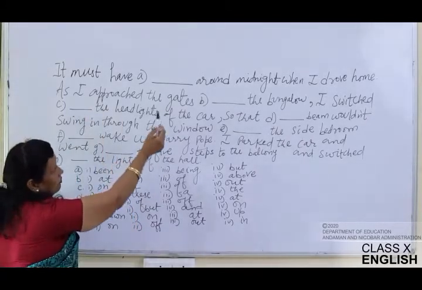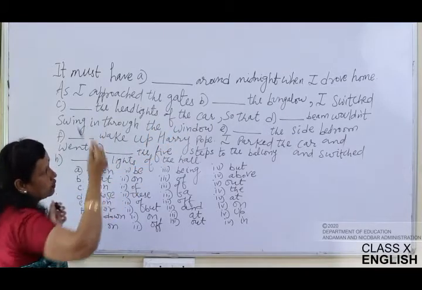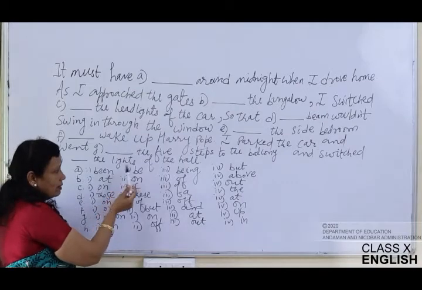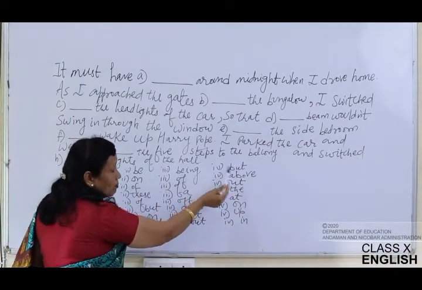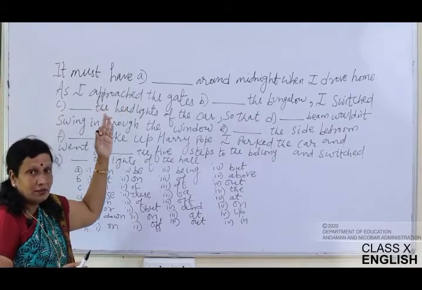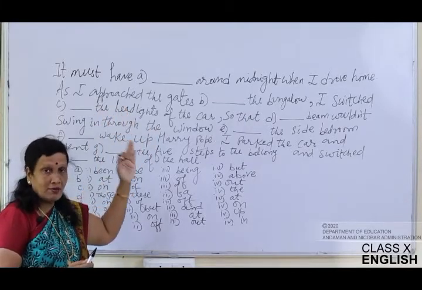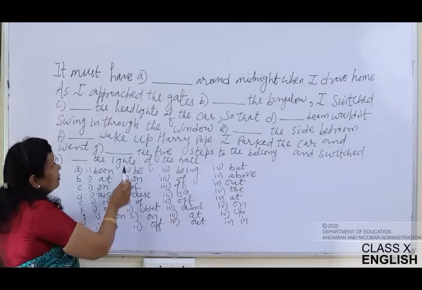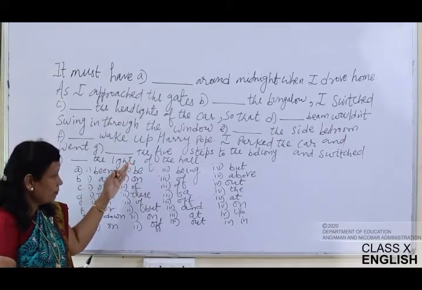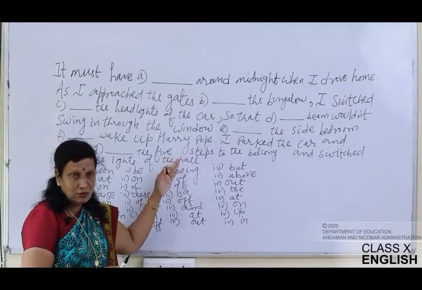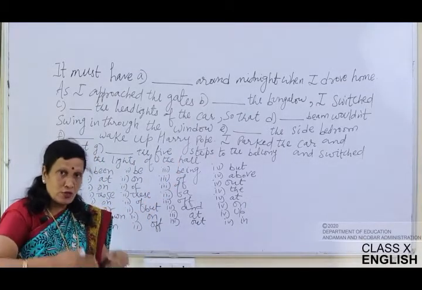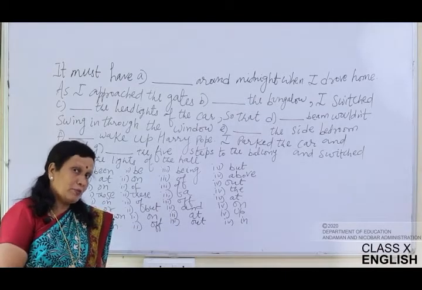It must have around midnight when I drove home. The options are been, be, being, but. So, he talks about the time when he arrived. So, it must have, it won't be be, it won't be being also, because being we use for the time which we are talking of in the present.